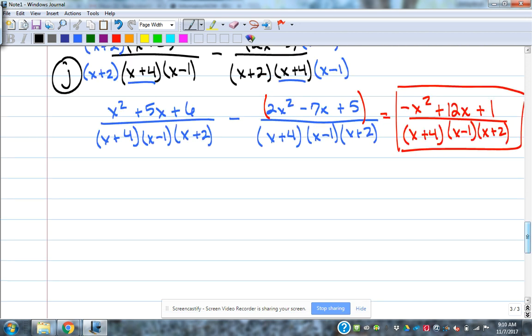Let's get to the toughest ones, the ones where they're not in factored form.